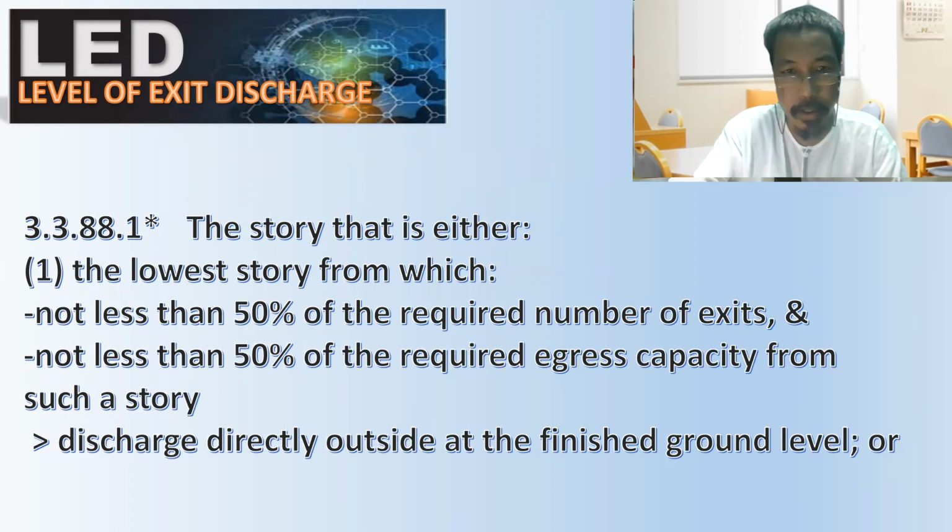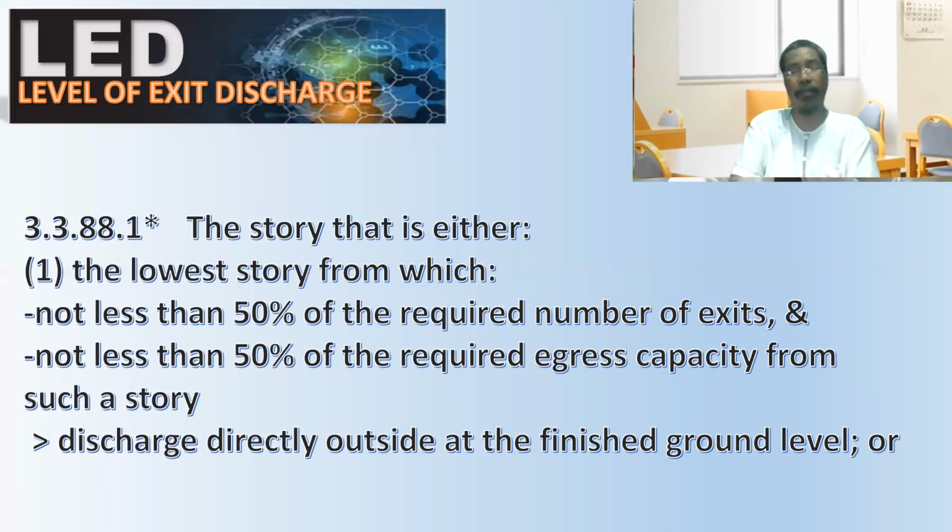Okay, so story is either number 1, the lowest story from which not less than 50% of the required number of exits, and not less than 50% of the required egress capacity from such a story discharged directly outside the finished ground level. So that is what we mean by level of exit discharge.